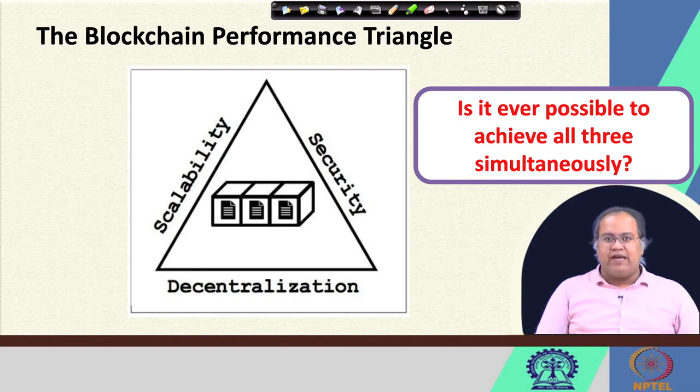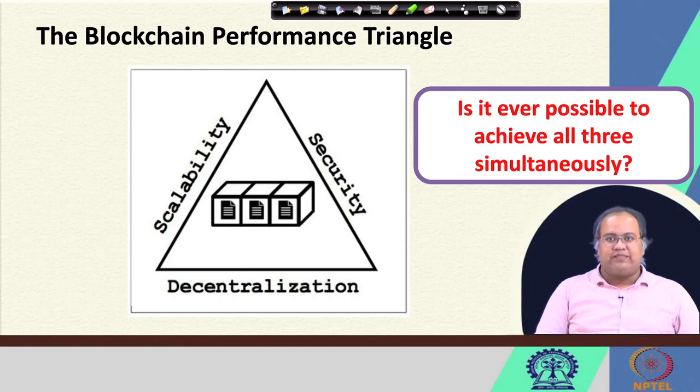It tries to make a balance between scalability, security and decentralization, and it claims that it can achieve consensus at internet scale with certain magical techniques in the system. We are going to learn about those techniques, and see what magic Algorand does to solve this blockchain performance triangle and satisfy scalability, security and decentralization simultaneously.